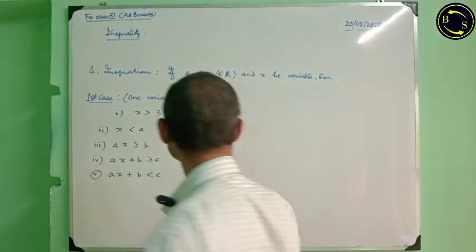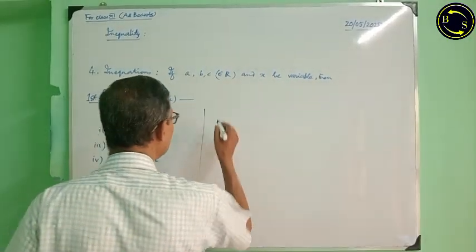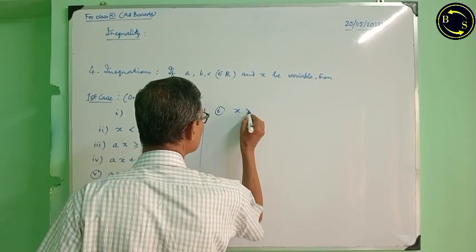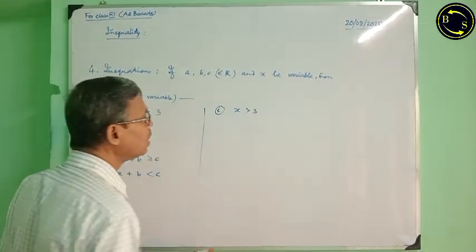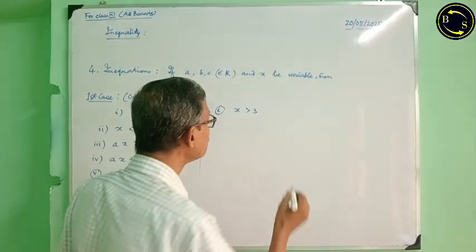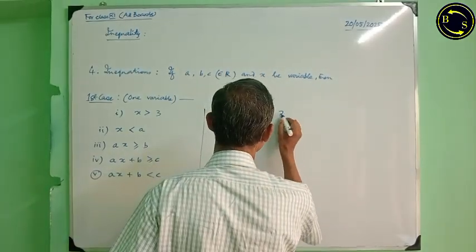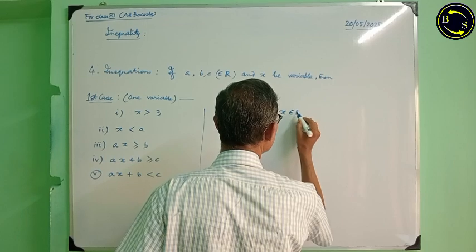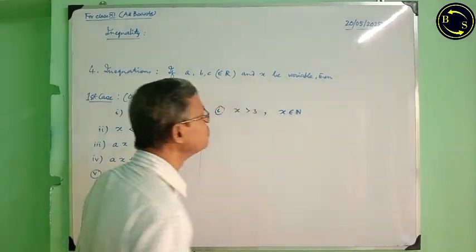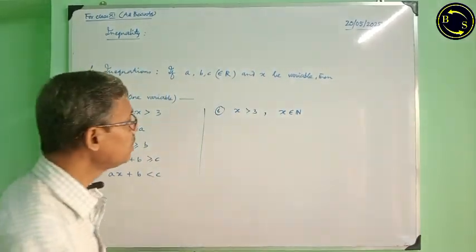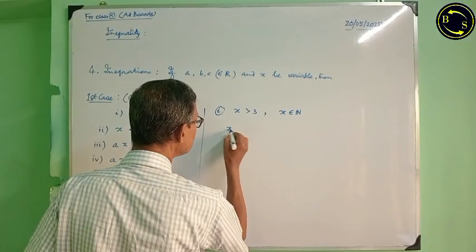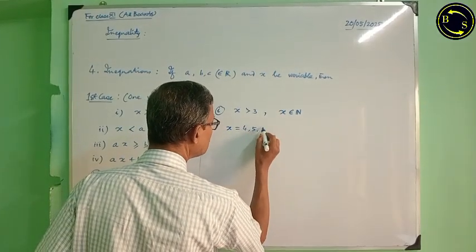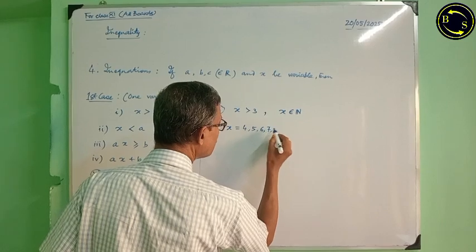Now we consider this one, x greater than 3. Now if we impose x is, say, a natural number, then x will have values 4, 5, 6, 7.